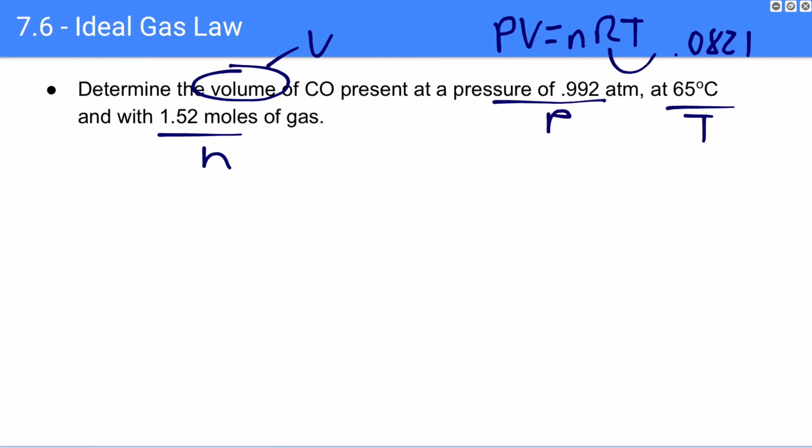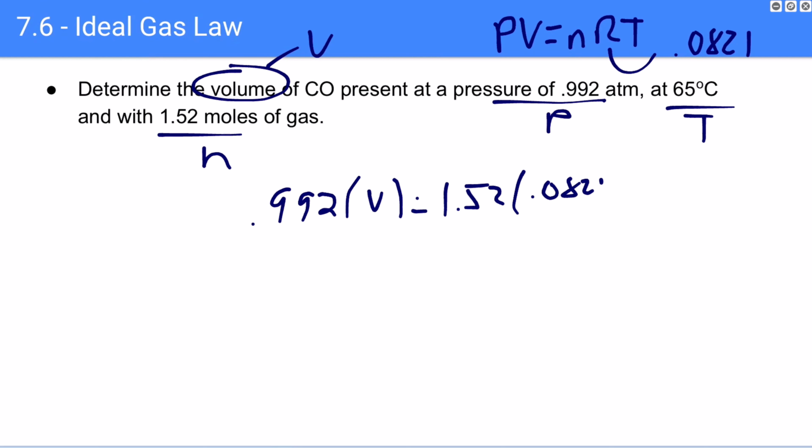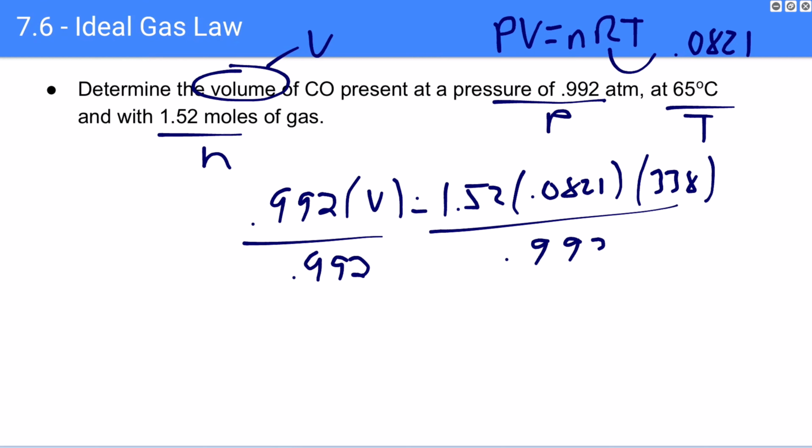Okay, so we plug this in, so 0.992, so P, V is unknown, N, 1.52, R, 0.0821. Remember, temperature still needs to be in Kelvin here, so that is 338. And then we just rearrange this equation to solve for volume, so divide by 0.992 on both sides.